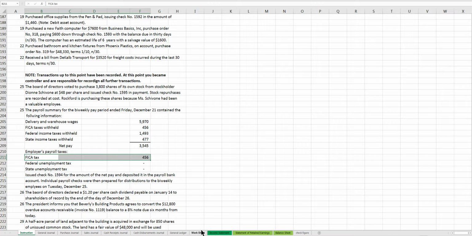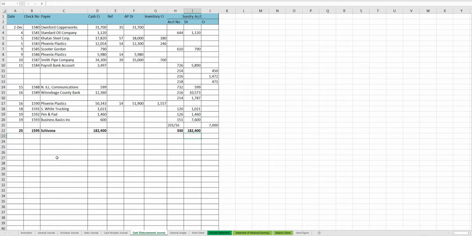All right, so first the payment. We go to cash disbursement again. It's a 25th transaction, and check number. Payee, we don't know, so we can record the payroll, right?